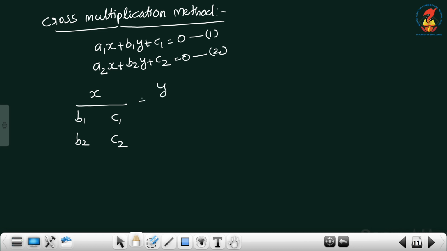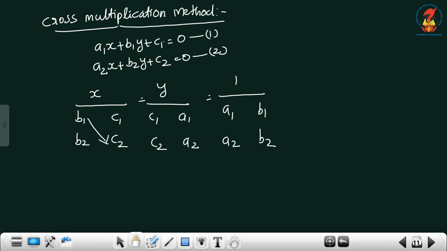Equal to y divided by, cover the y variable, first you start from the constant terms c1, c2, then a1, a2, equal to 1 divided by, the constant terms will be covered, the coefficients of the x and y terms you write there, a1, a2, b1, b2.